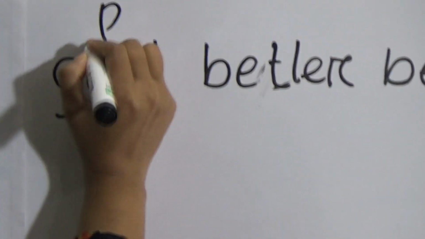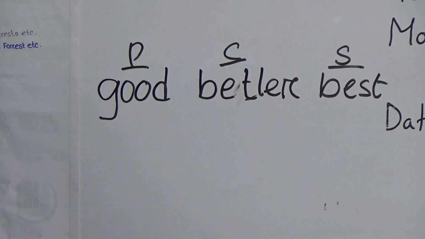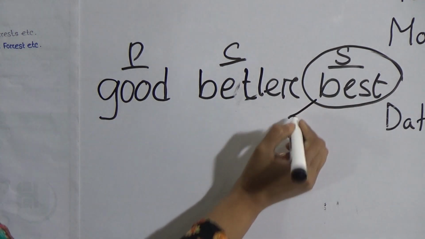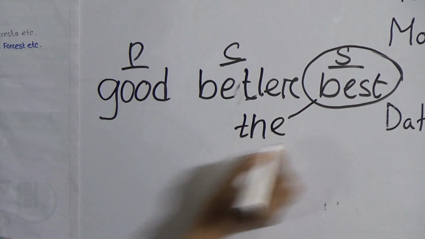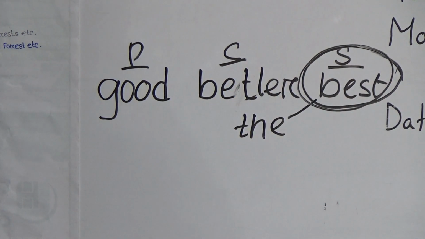So this is positive, this is comparative, and this is superlative. So if we find the superlative form of adjective, then we have to use the before the word. Best is superlative form of adjective, and we have to use the before this word.